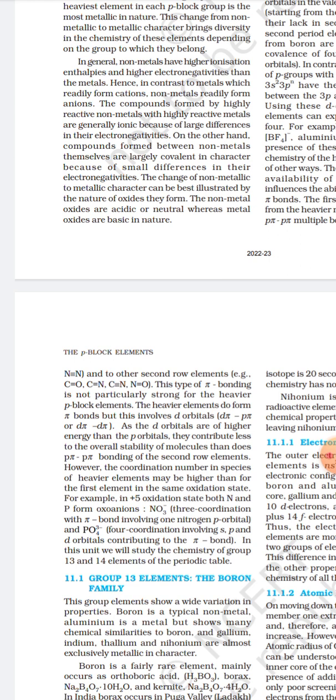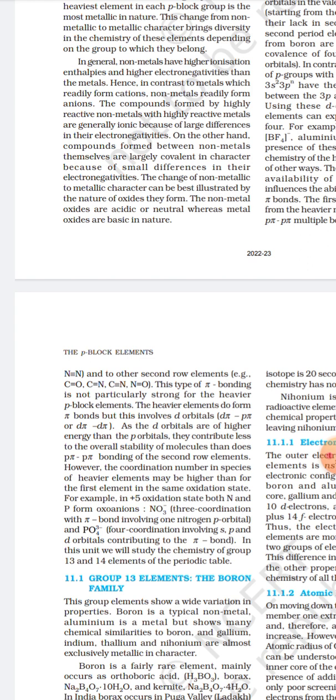The heavier elements do form pi bonds, but this involves the d orbitals. As the d orbitals are of higher energy than the p orbitals, they contribute less to the overall stability of the molecules than does p pi bonding of the second row elements. However, the coordination number in species of heavier elements may be higher than for first elements in the same oxidation state.